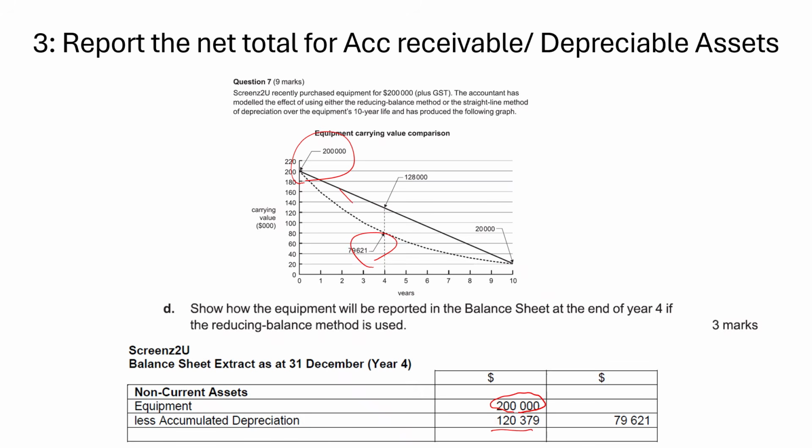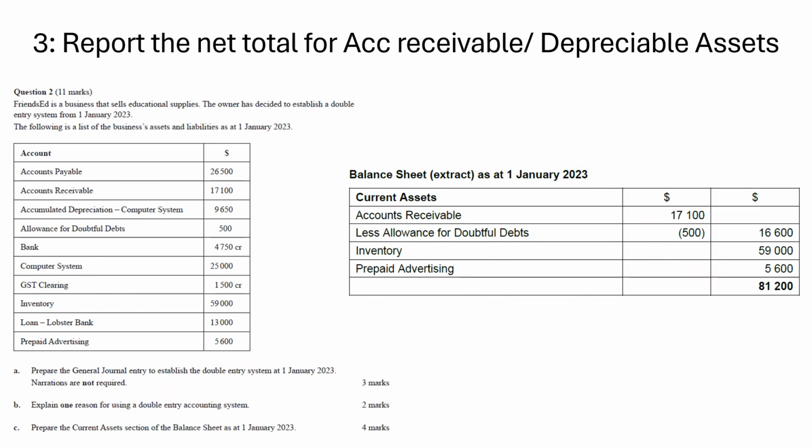And then what a lot of students miss, or some students, is they miss reporting the faithfully represented carrying value. So again, for any NCAs, you need 3 figures, cost minus the ACDEP, you underline it, and then over here we identify our carrying value to basically support the faithful representation QC.